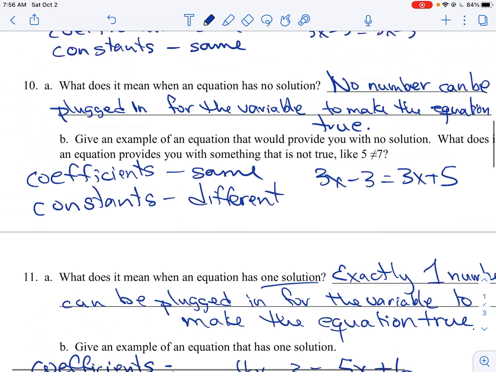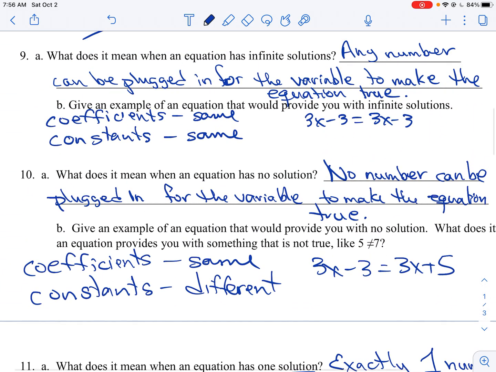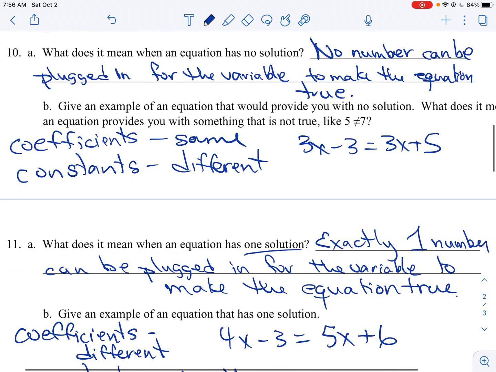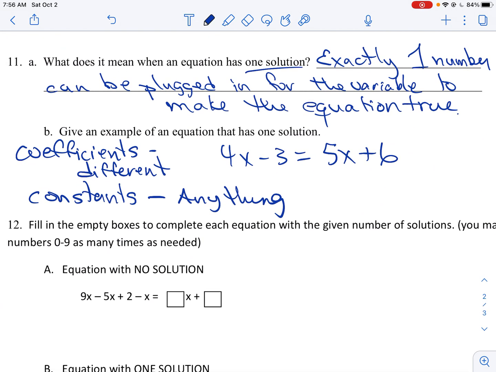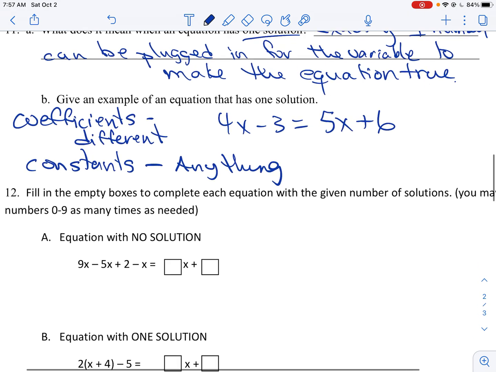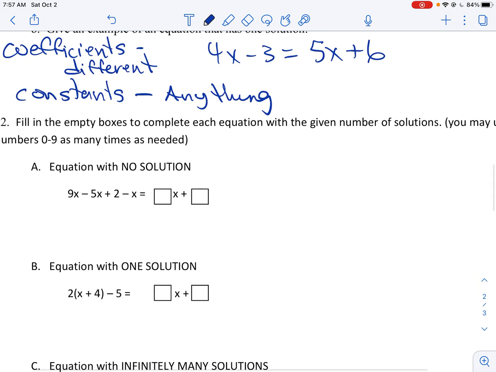So using that information that we just said, for infinite solutions, the coefficients are the same, the constants are the same. No solutions, the coefficients are the same, but the constants are different. And for one solution, the coefficients are different, but the constants can be anything. So no solution. Well, first thing, I want to collect like terms here.